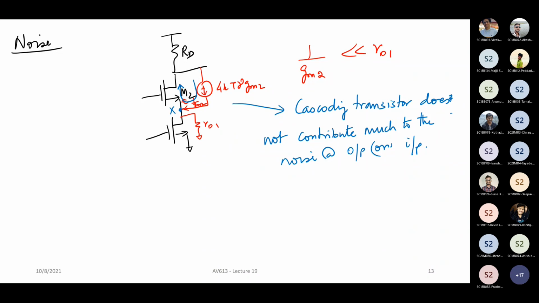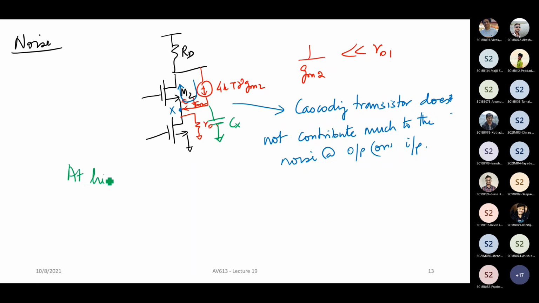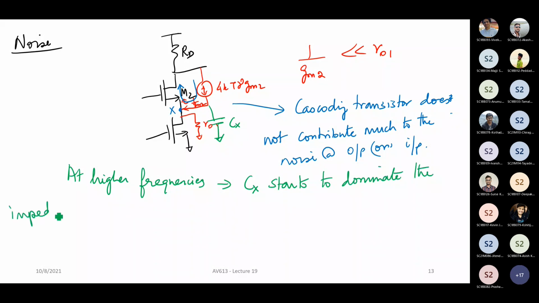Now, of course, this will change at some higher frequencies. Let's say you have some net effective capacitance at this node. At high frequencies, CX starts to dominate the impedance at the point X. What will happen as frequency increases is that the impedance of CX becomes lower.